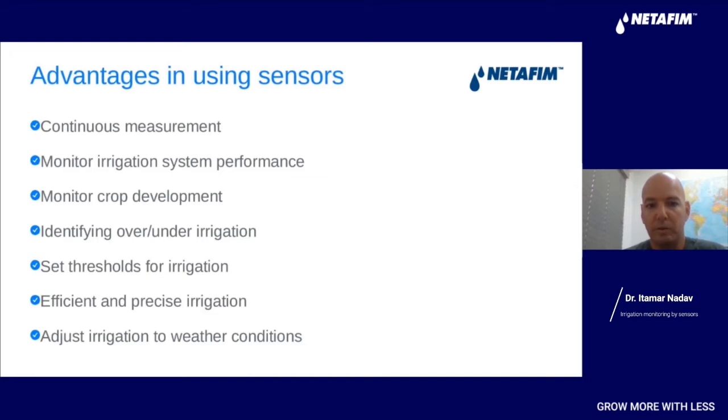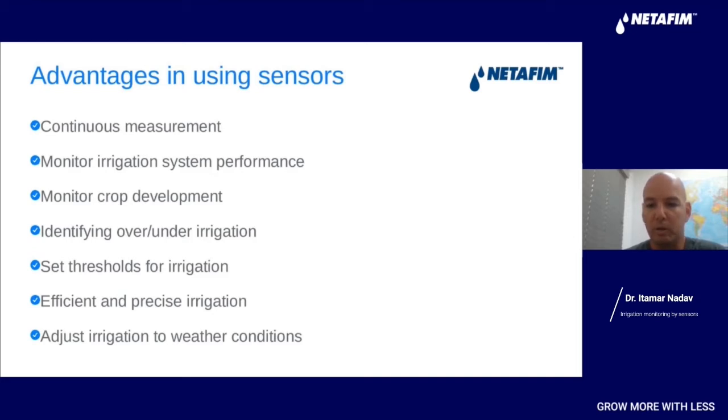There are a lot of advantages in using soil sensors, plant sensors, and all sorts of sensors. We can get continuous measurements, and not just when we visit the field. It's continuous, 24/7. We can monitor the irrigation system performance to see if we actually applied what we intended to do.